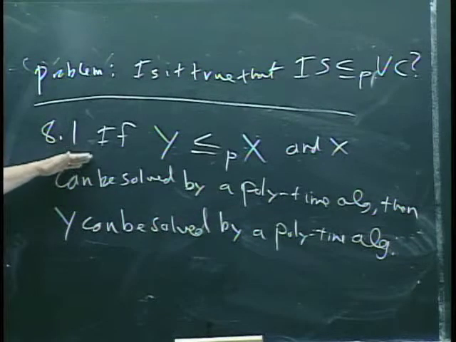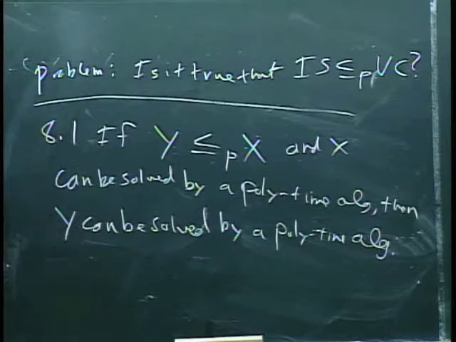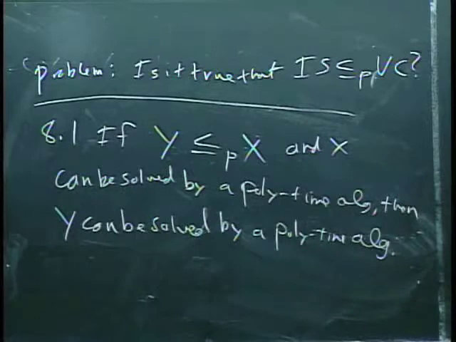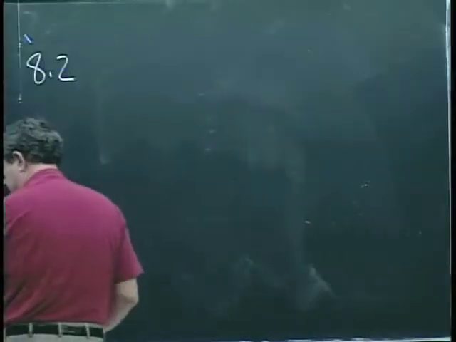So this is our first conclusion, just really from the definition of what a polynomial time reduction is. And the second is the same as the first. I'm going to write the same statement, just in, I think it's called, contrapositive form. 8.2.